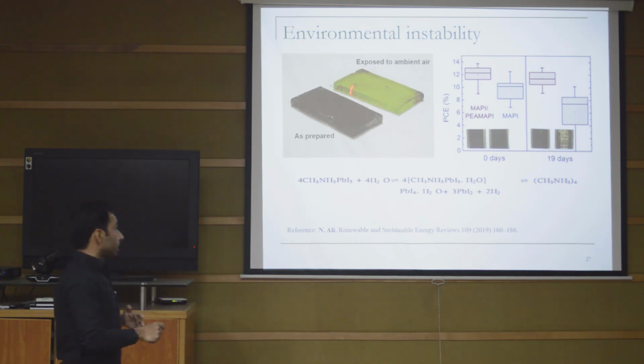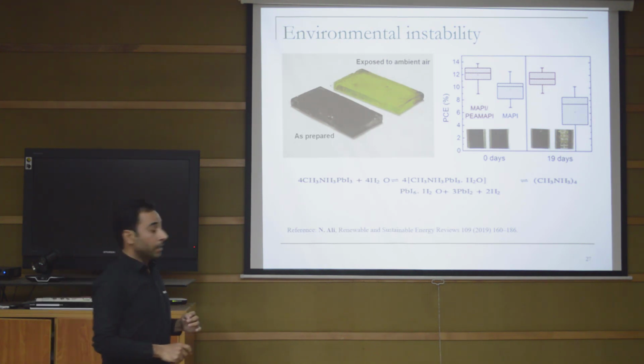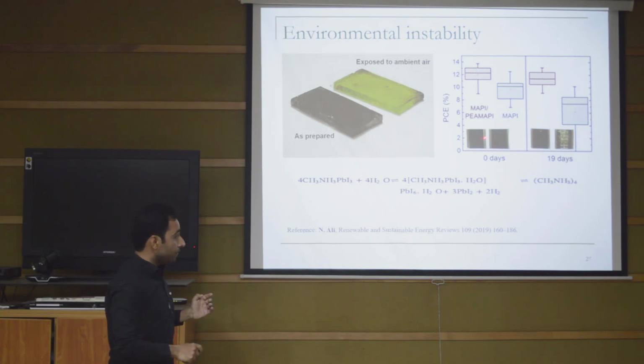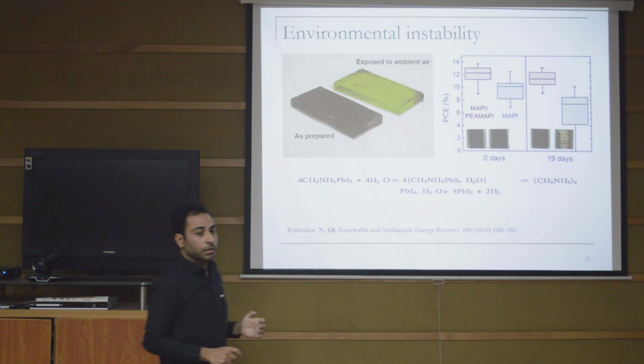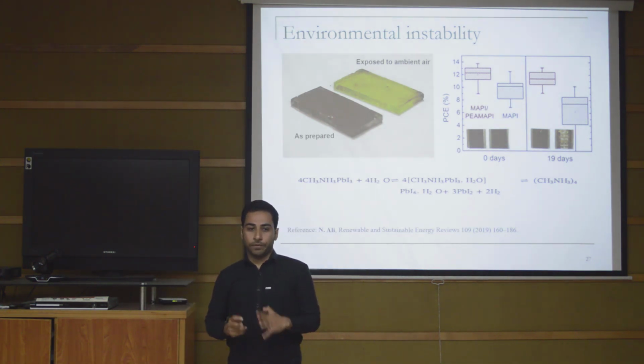You can see here, this blackish film is the as-prepared film, and after exposure to ambient air, all the species just flee away, and only the PbI2, which has a yellow color, is left in the film. And you can see the efficiency of the device was about 12, and it reaches this, and when it was 8, it reached this. So it means that in just 19 days the efficiency of the device reached about 50% of its initial PCE.